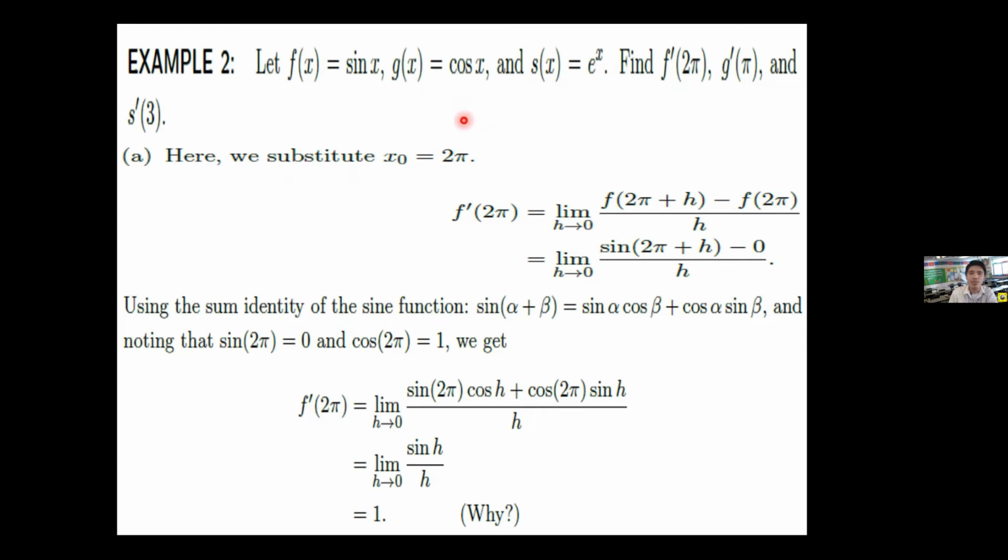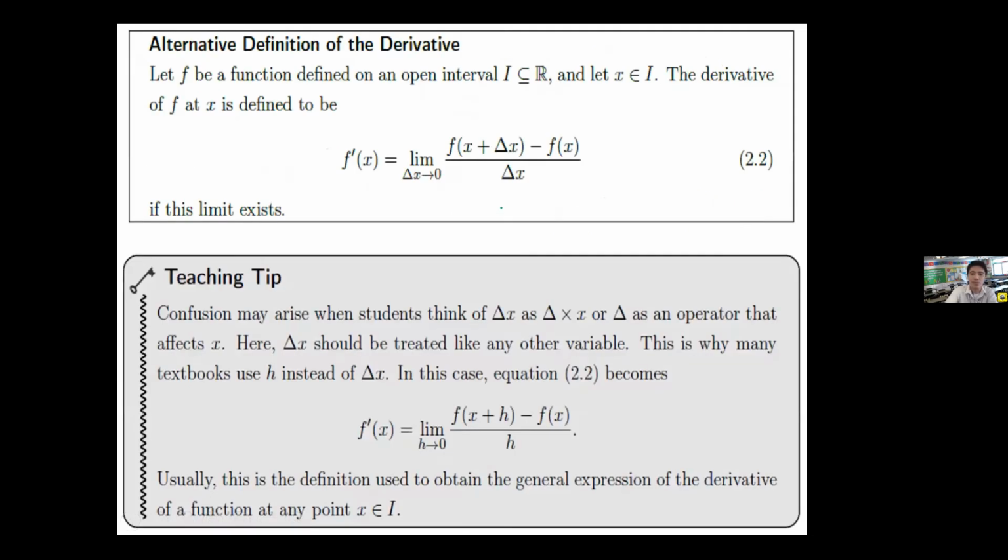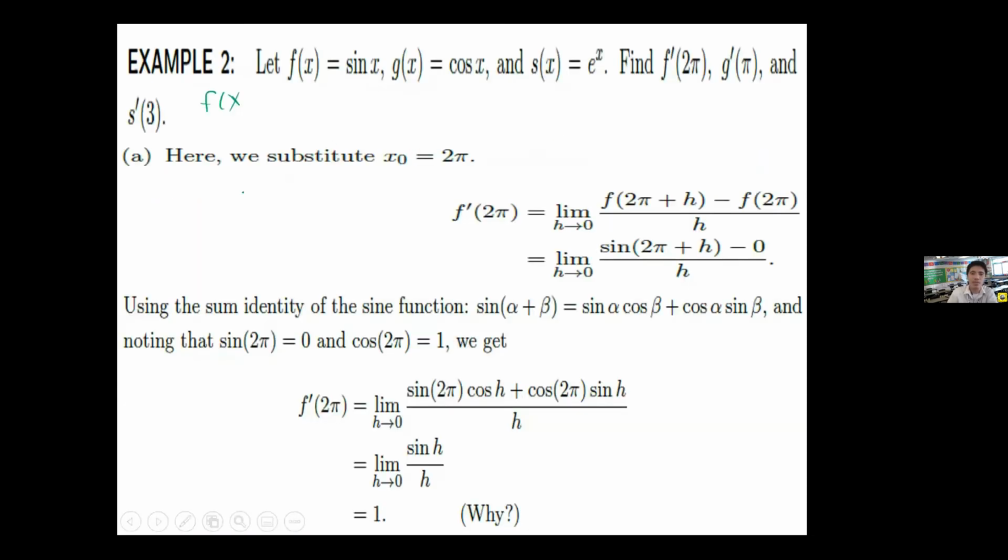So ang first gyapon, we substitute x sub 0 to 2 pi. So ang first step gyapon nimo buhaton ana, kuhaon gyapon nimo si f of x sub 0. Di ba atong formula kana man. So kuhaon nato si f of x.